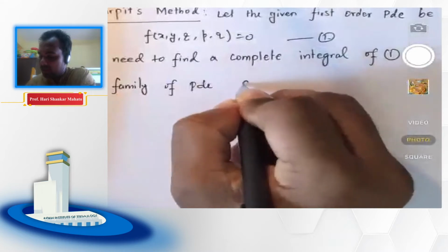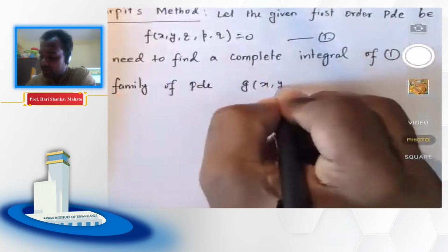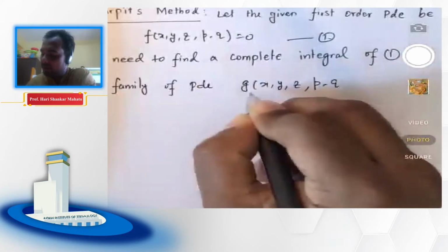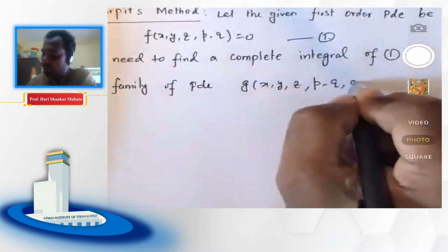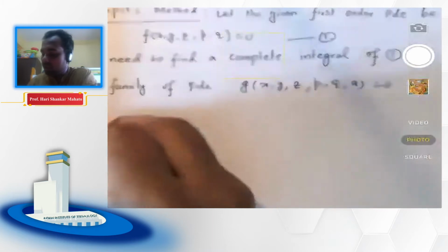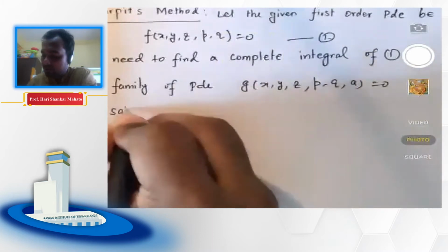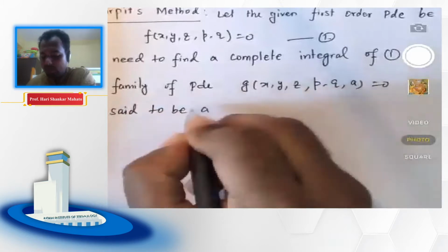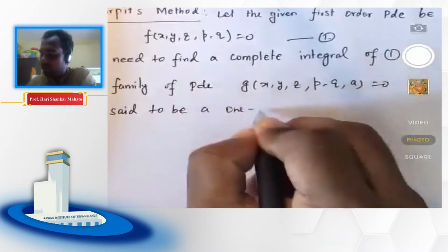We consider another family of PDE, g of x, y, z, p, q, a, equals to 0.